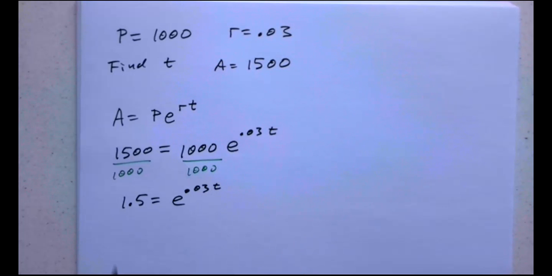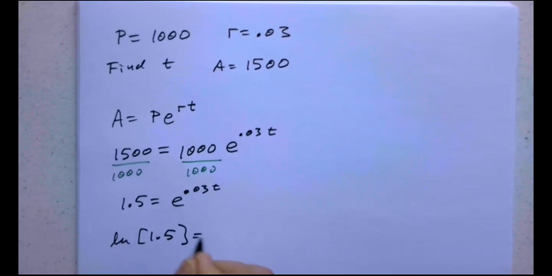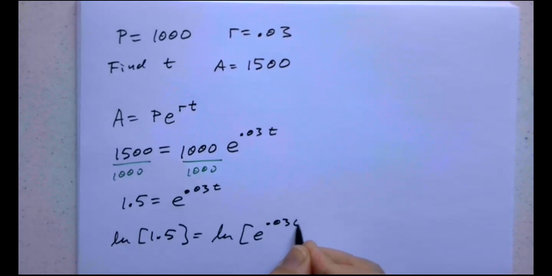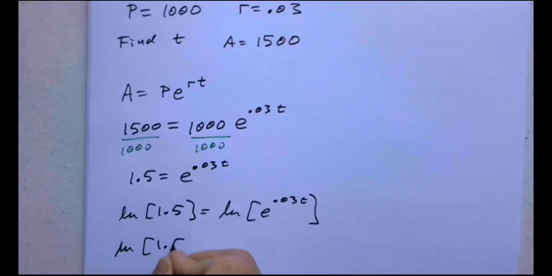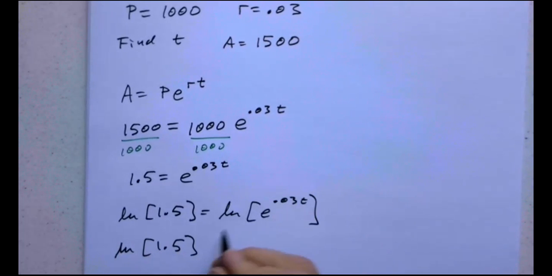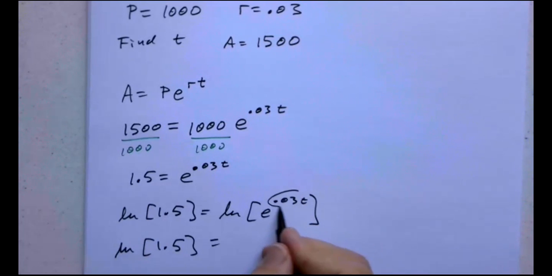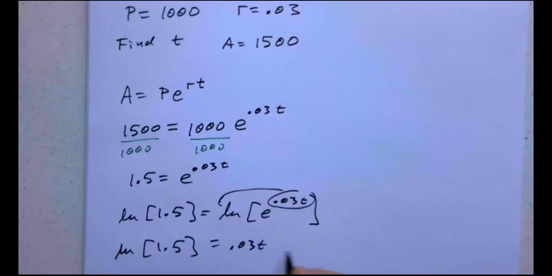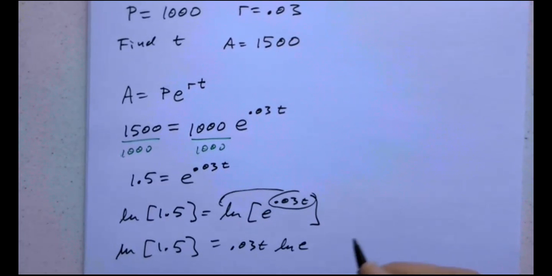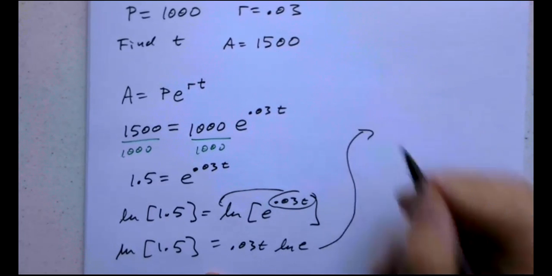0.03t. To pull the exponent down, we need a natural log. Natural log 1.5 is natural log e to the 0.03t. The exponent 0.03t comes down in front, is 0.03t times the natural log of e, but the natural log of e is just 1.